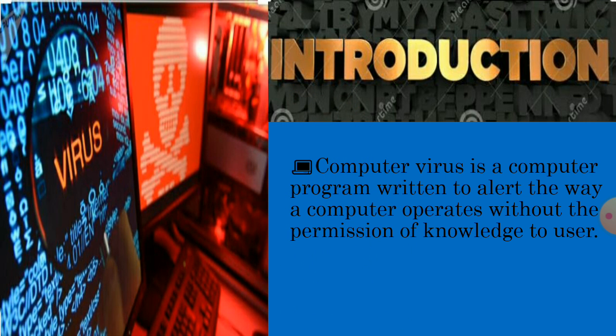Computer virus is a computer program written to alter the way a computer operates without the permission or knowledge of the user. That is, without getting permission from the user, it will affect the computer system. That is, it is a self-replication program.